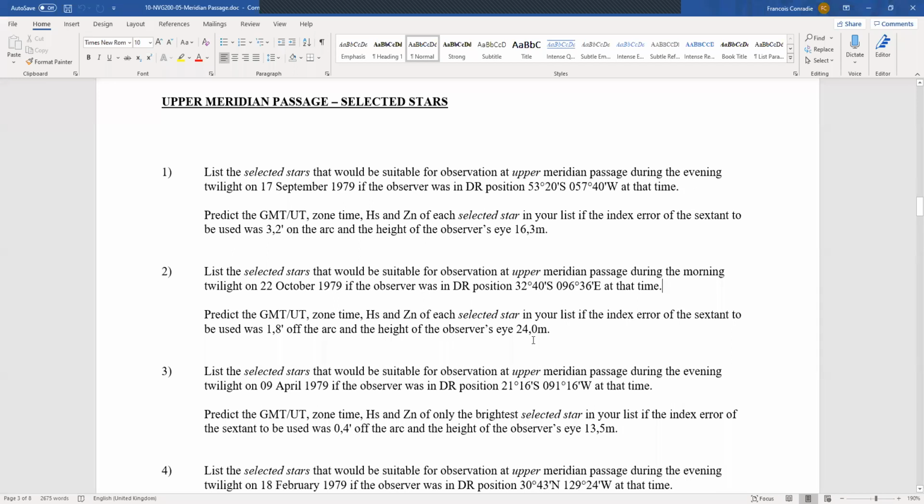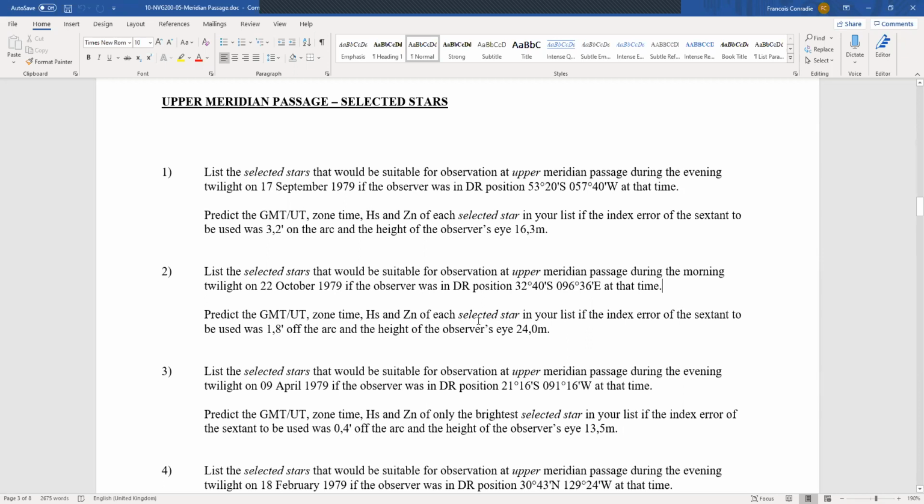Right. So what we need to do, it says here, we need to predict the GMT and the zone time and the sextant altitude. And this, of course, HS would be a predicted sextant altitude. And also the azimuth for each selected star.